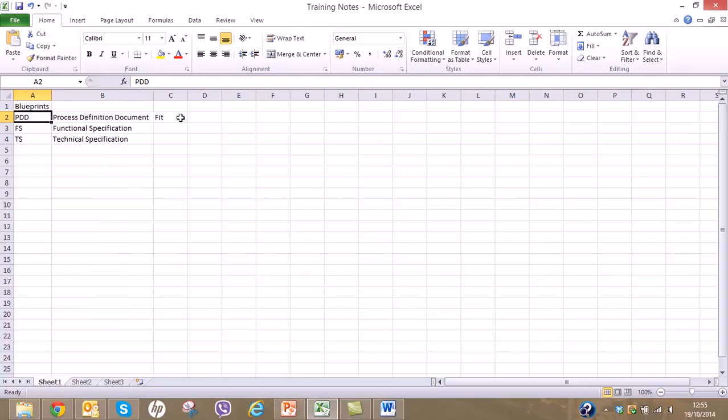Now if the business requirement can be done through the standard template, that can be fit. If the functional consultant needs to do some processes to make the standard template fit, that will be called fit with process.